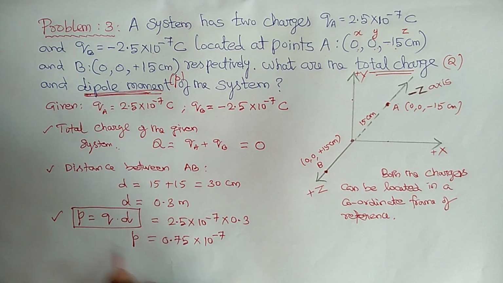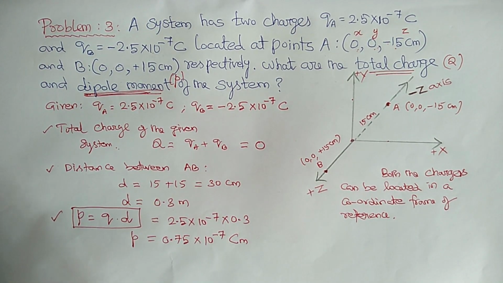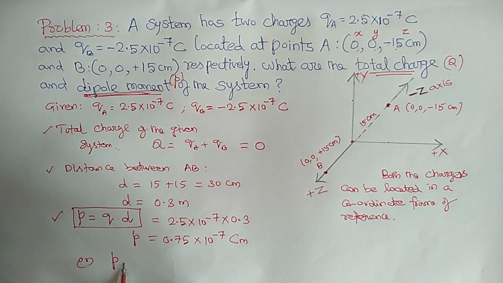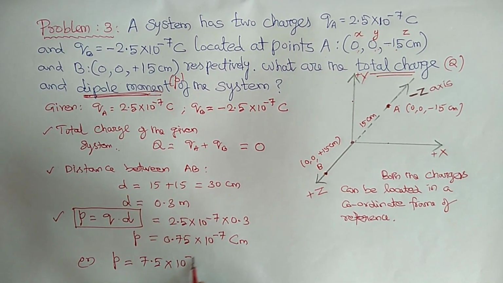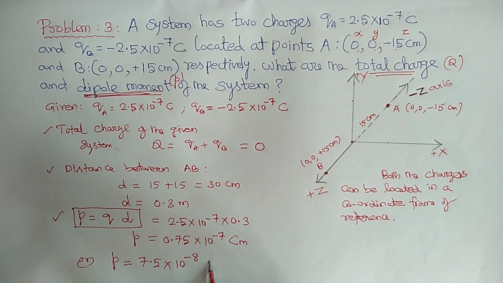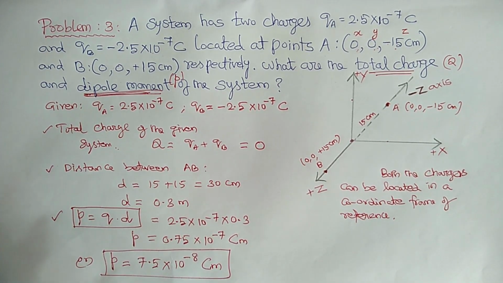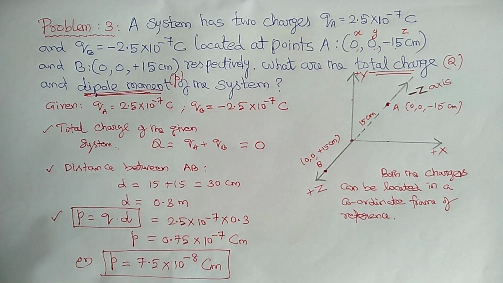The unit of dipole moment is coulomb meter. So otherwise we write dipole moment P is equal to 7.5 into 10 power minus 8 coulomb meter. Actually, dipole moment is a vector quantity. The dipole moment is directed from negative charge to positive charge.